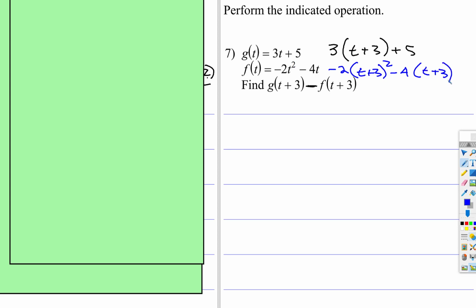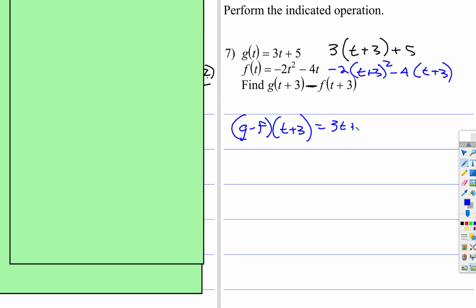We could do it that way, or I'm going to write it in a different notation, g subtract f, using this expression, t plus 3. So I'm going to go ahead and subtract them first.